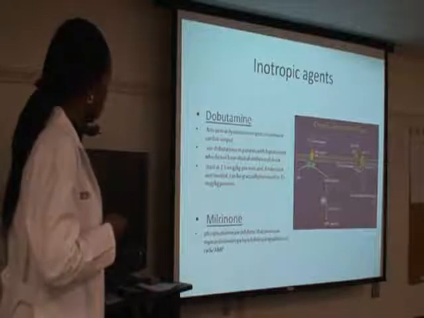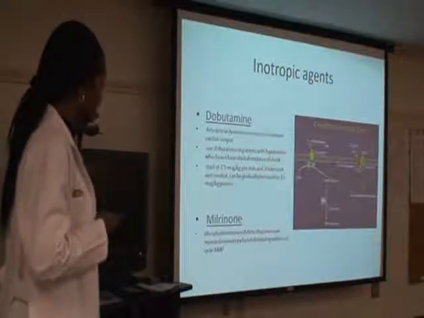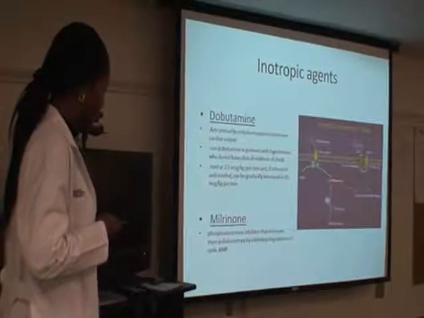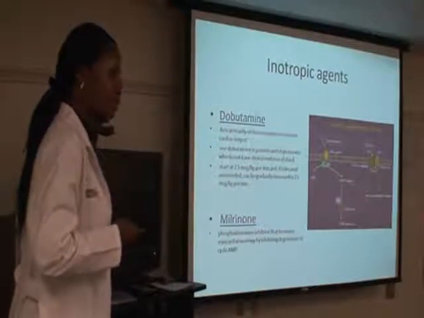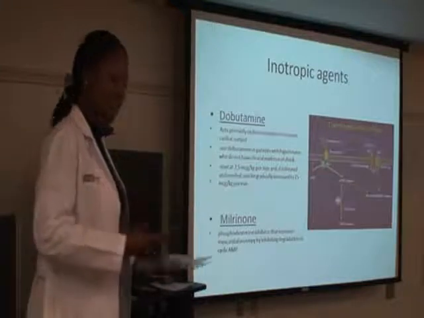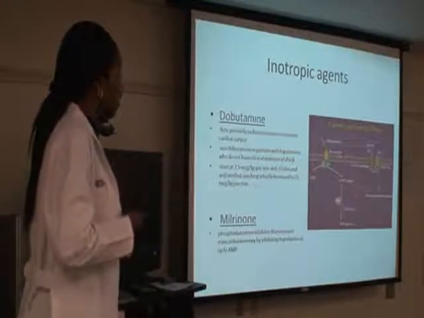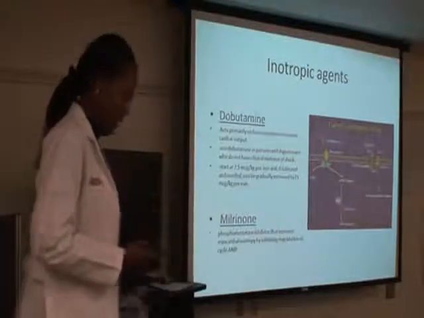On the cell membrane, you have beta receptors. When the beta receptor is activated, it causes ATP to be converted into cyclic AMP. Cyclic AMP causes a rise in intracellular calcium, and with the increase in intracellular calcium, you get increased myocardial contractility. So that's how dobutamine works. Dobutamine works on the beta receptors to increase your intracellular calcium and therefore increase contractility.